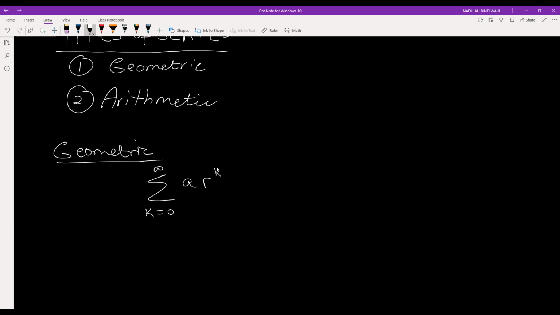So you have something to the power of something, and if you expand this summation, you have a plus ar plus ar squared plus and so on. And a is obviously not equal to 0, because if it's 0, then it doesn't mean anything.